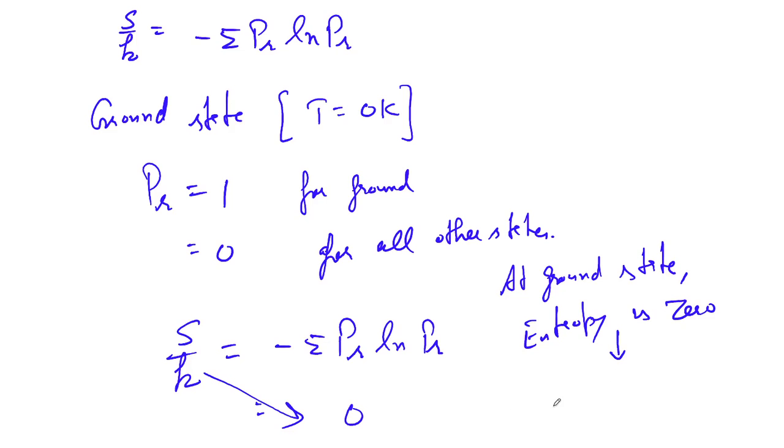As the temperature increases, the entropy value always increases. This is a very important relation in order to find out the entropy and how it changes with respect to the probability distribution function.